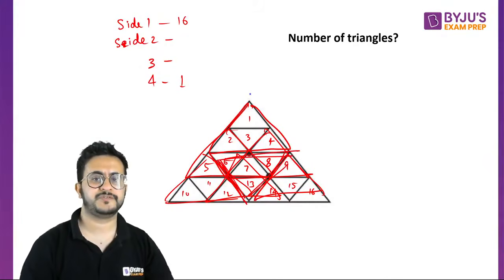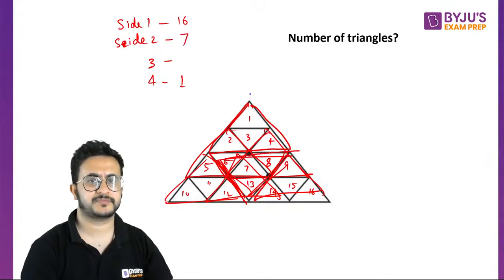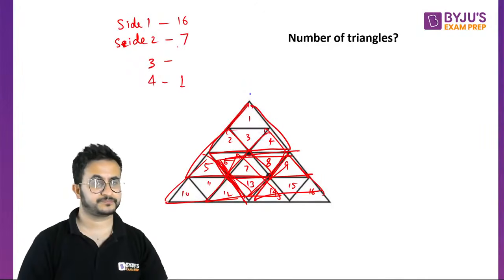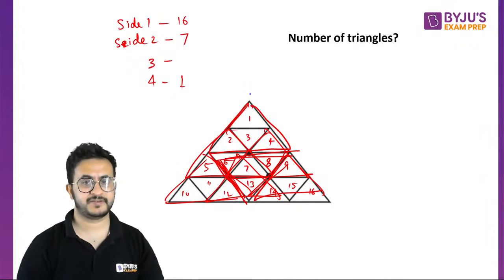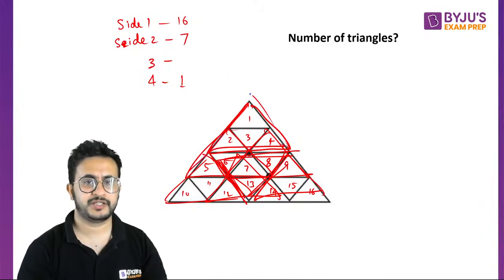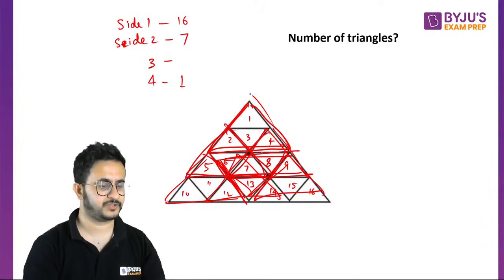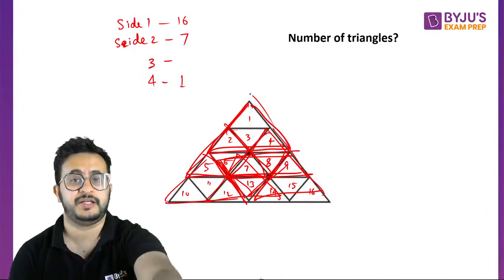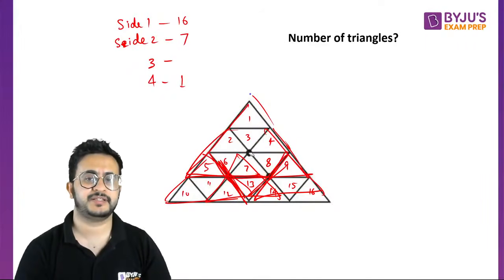So there are a total of 7 such triangles. 1, 2, 3, 4, then 2, 5, 6, 7, 4, 7, 8, 9, and 3 on this space, and then 1 inverted. So 7.